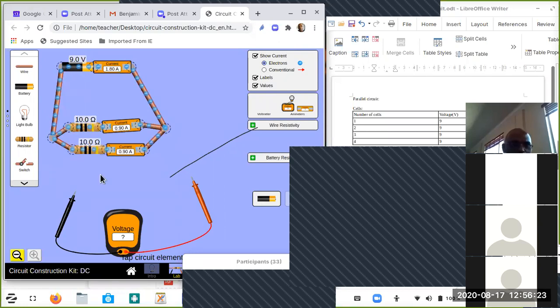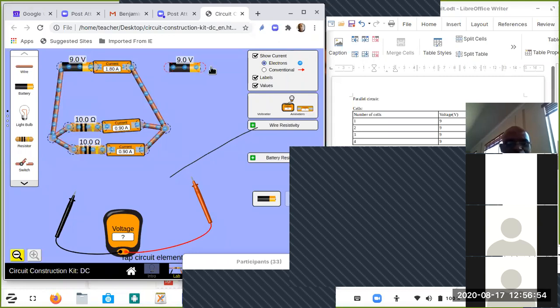Right. So what I'm going to do here is set up another diagram. On that diagram, I'm going to have a cell, and a meter reading, and that meter reading must read 1.8. Then we are going to find out which resistor will give us that current of 1.8. Let's hope the time will allow me to finish that.